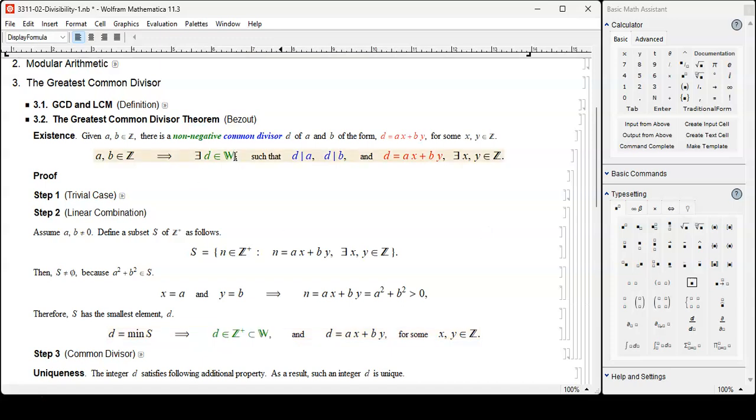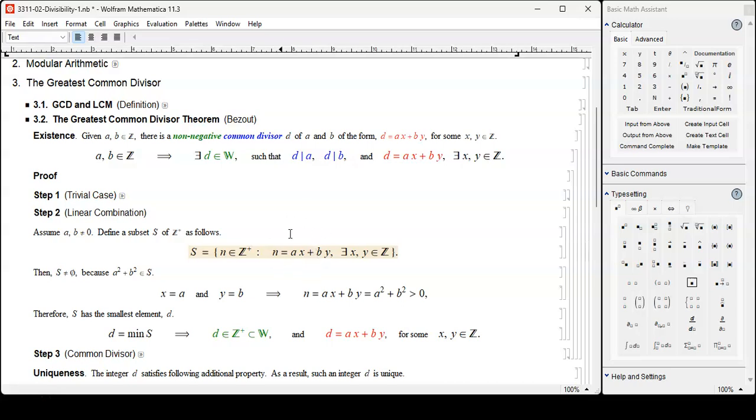So that satisfies the first condition, green. And then how about the second condition? Well, look at the condition of the set S. We have a linear combination to begin with, so we have the third condition, the linear combination. So green came out easily, and red was there by design to begin with.